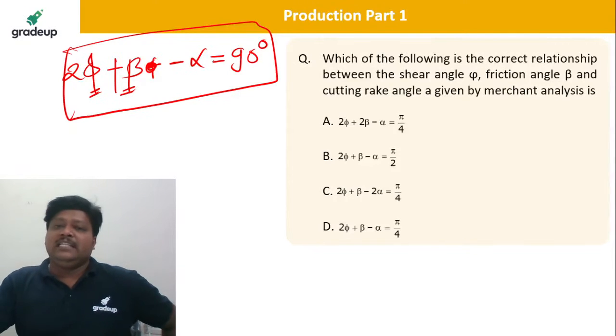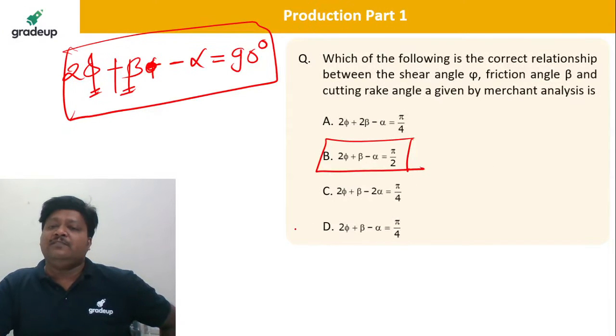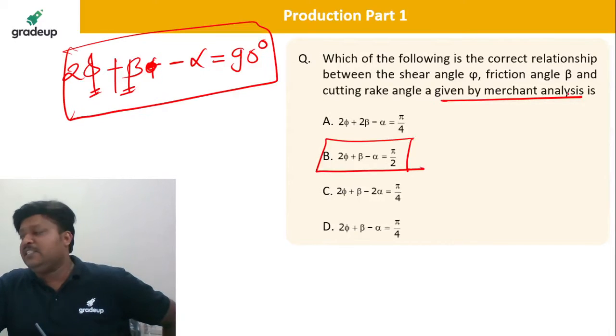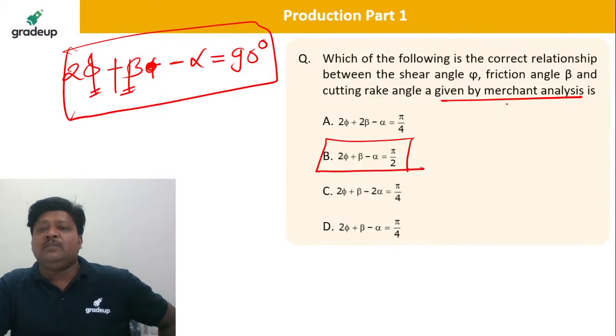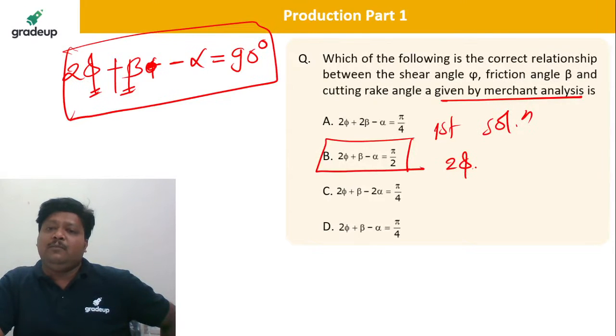So that is correct: 2 phi plus beta minus alpha is equal to 90 degrees, not 45 degrees. This is the Merchant analysis, Ernst and Merchant. Now the second solution. What is the second solution? That is 2 phi plus beta minus alpha equal to the machining constant Cm.